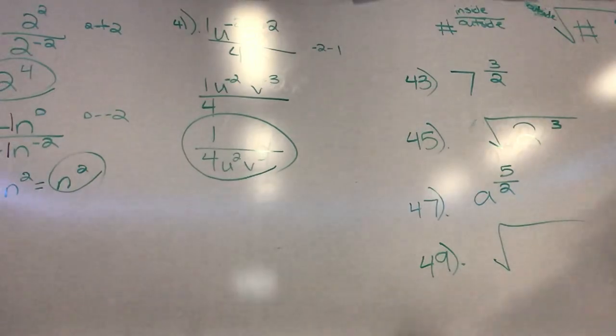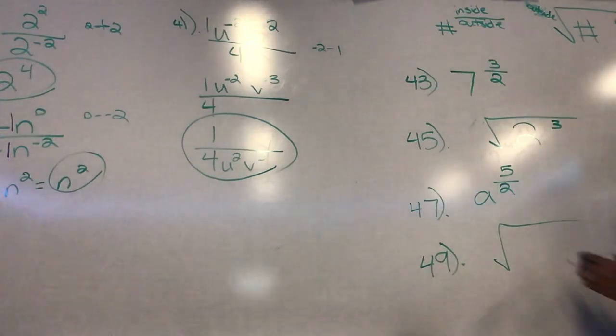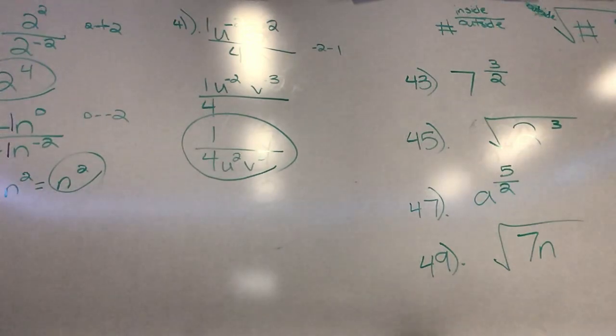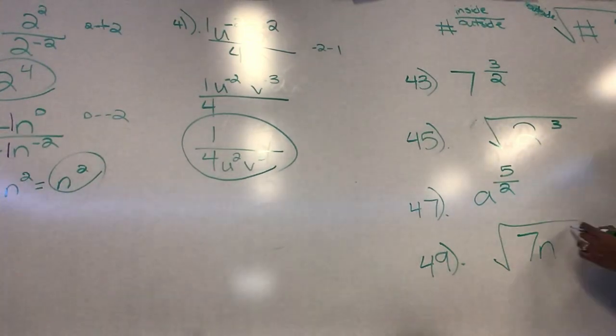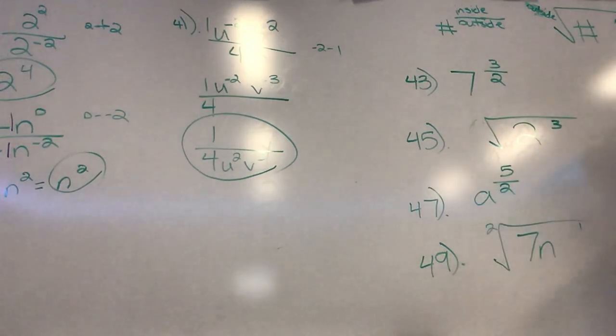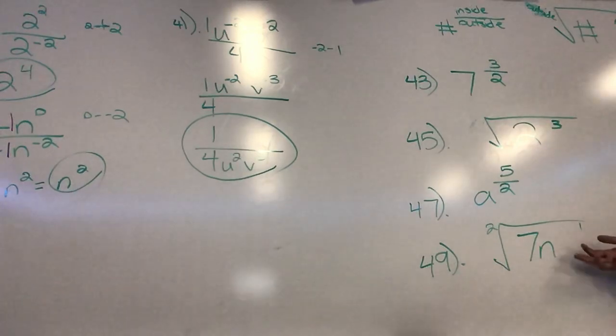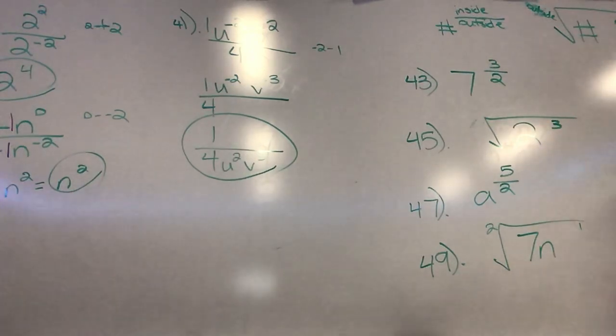What's going to go underneath the radical? 7n. Okay, what goes on the inside? 1, outside, 2. Same thing, you don't have to put the 2, and really you don't have to put the 1. So this one's not a trick question, but.